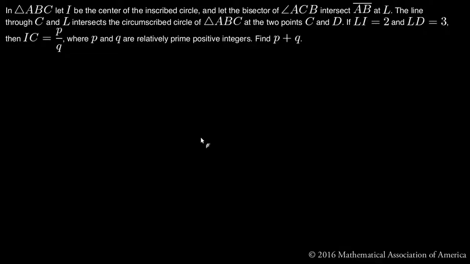This one would require almost a full page of scratch paper to draw the diagram and label things correctly. So I'll start off with my triangle ABC. I'll make that A, make that B, make that C. And then I have this inscribed circle, so I'll call that I for the in-center.